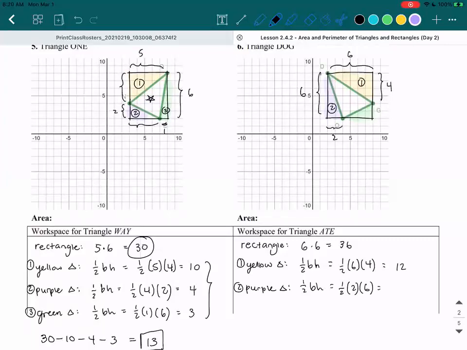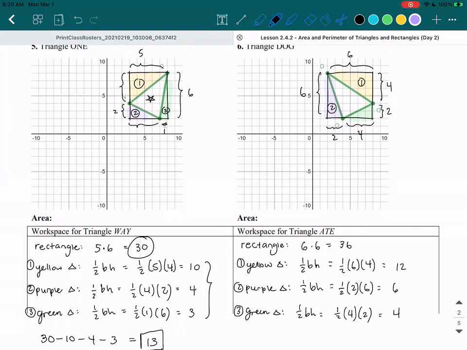So 1/2 times 2 times 6 is just 6. All right, what about our green triangle? Okay, so 1/2 base height because it's a triangle. Here's the base. What about our height? That's our height. And that gives us 4.